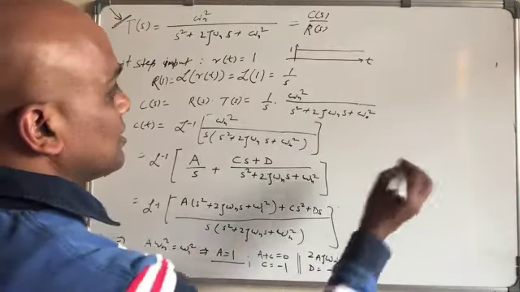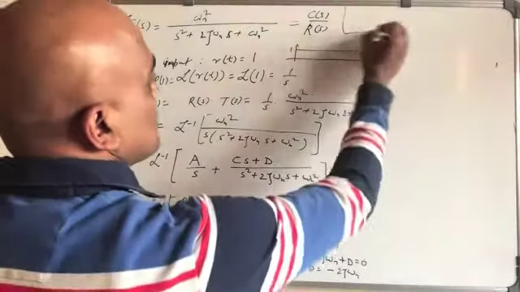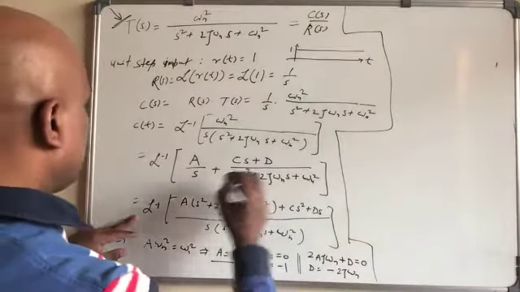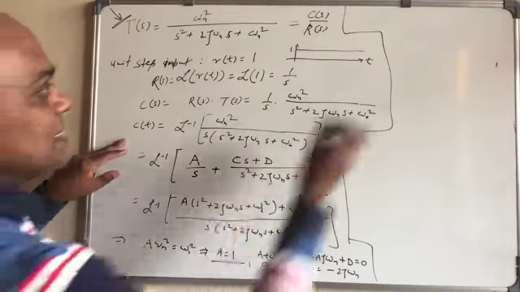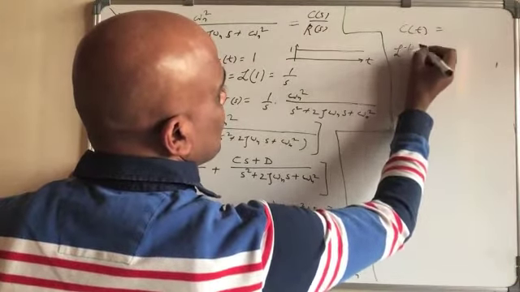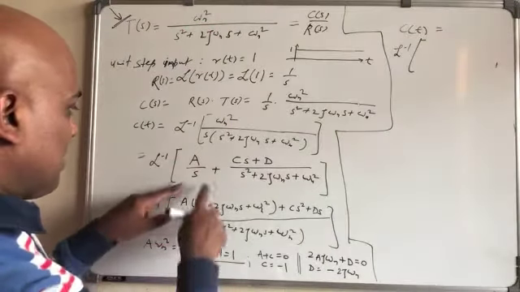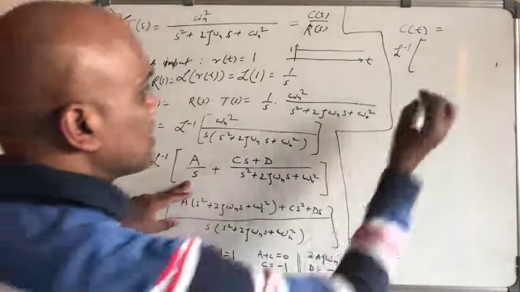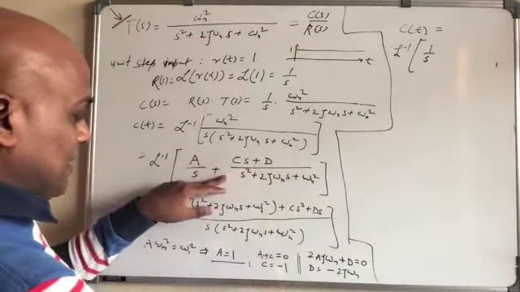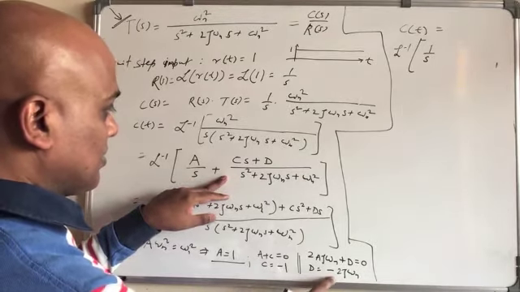So that really means C(t) is equal to L inverse of A over s, where A is 1, plus C s plus D, where C equals minus 1 and D is this one.